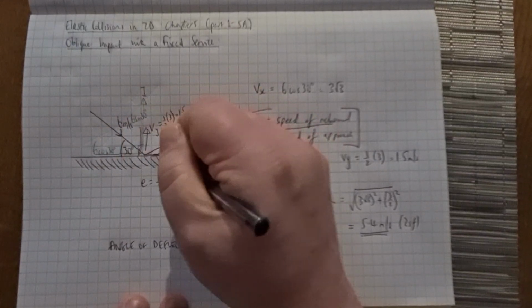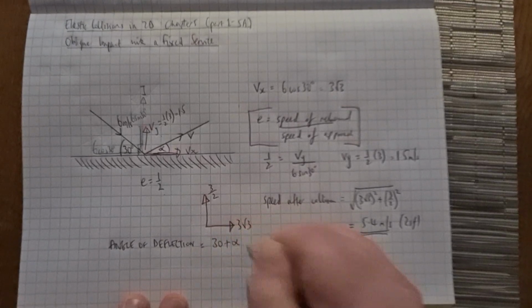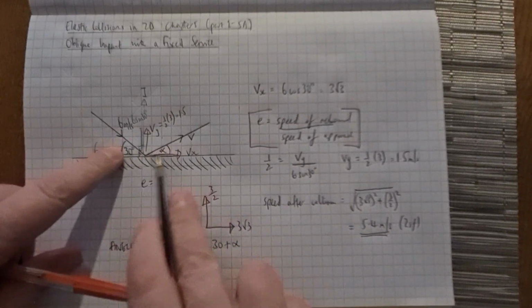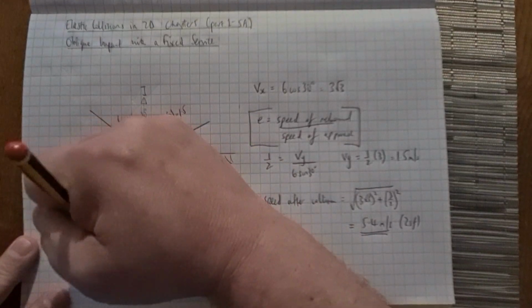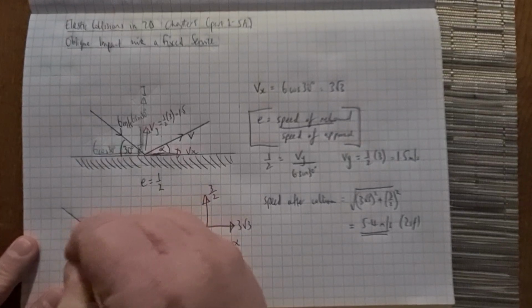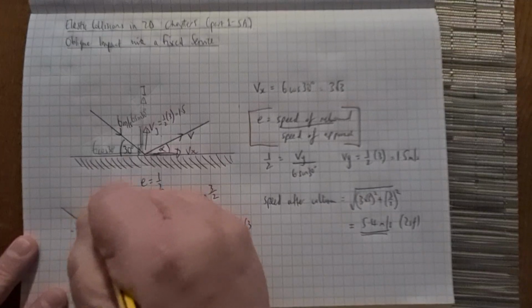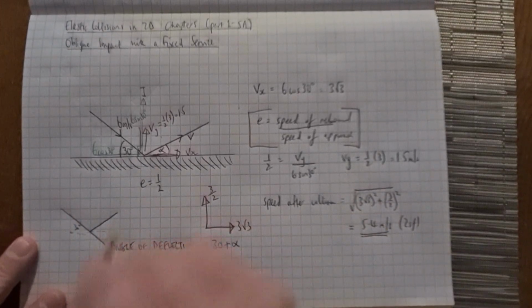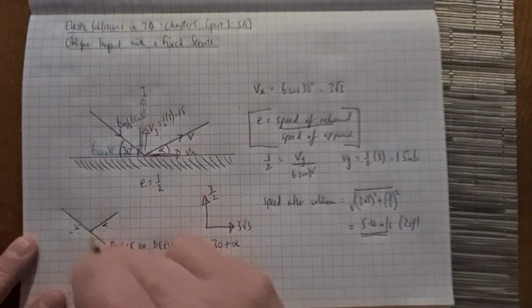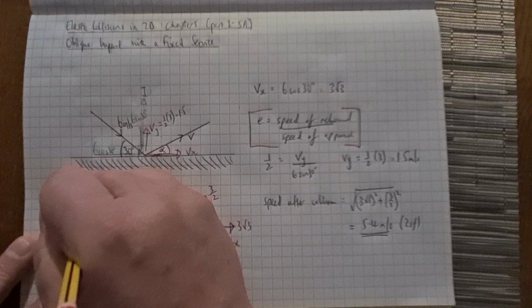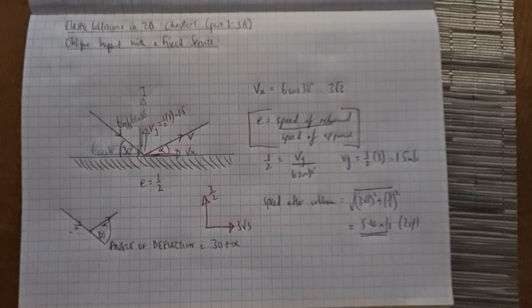Here, if I call that angle alpha, my angle of deflection is going to be 30 plus alpha. So we add the angles. The reason for that, I often get asked this question: if you imagine we were continuing through that point of collision, so we've got 30 degrees from the horizontal, and it bounces back with our value, which we'll find in a moment, of alpha, then you can see that the actual angle between our two speeds is going to be 30 degrees plus alpha.